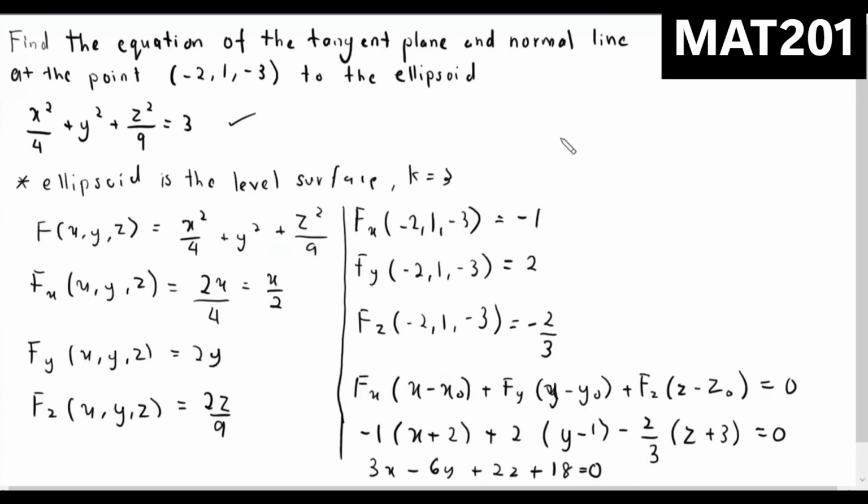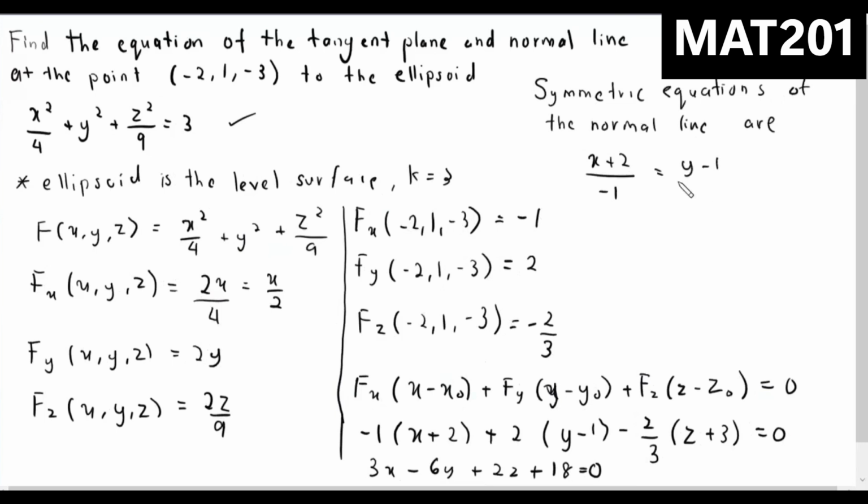The symmetric equations of the normal line, because we have three, involving x, y, and z, are given by: x plus 2 over f sub x, which is -1, equal to y minus 1 over f sub y, which is 2, equal to z plus 3 over f sub z, which is -2 over 3.